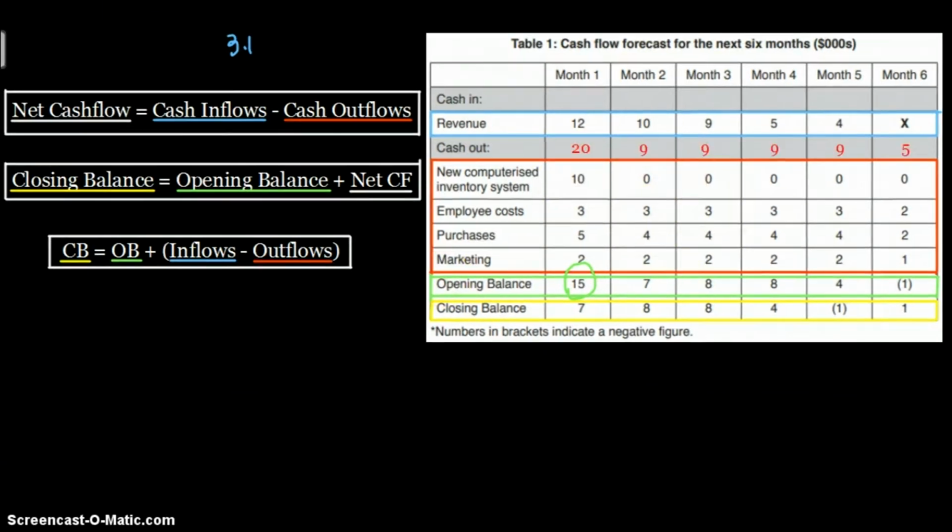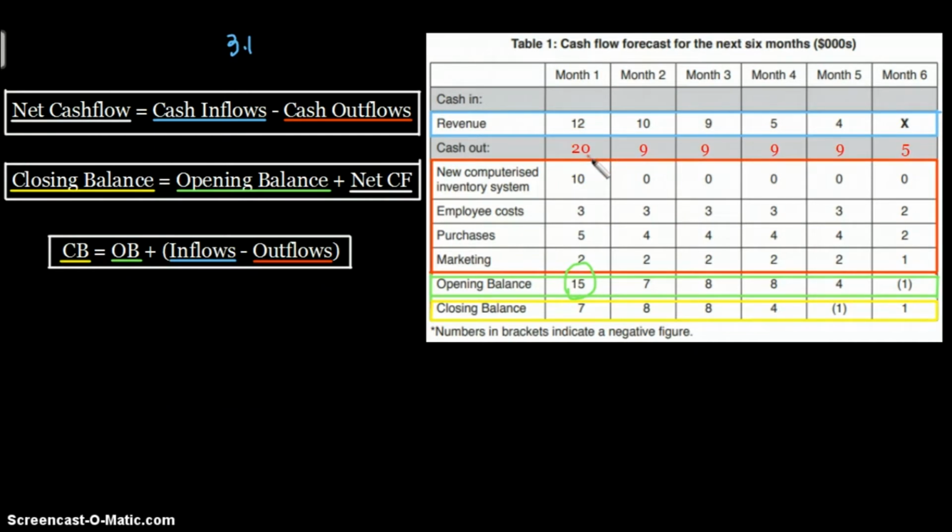Just wait. As you can see over here we have the sum of all cash outflows that take place. 10 plus 3 is 13, plus 5 is 18, plus 2 is 20, so that's over here 20. Then 3 plus 4 plus 2, that's 9, same, and 2 plus 2 plus 1, that's 5. So I've summarized that over here. Generally we always do that, it's a good practice.